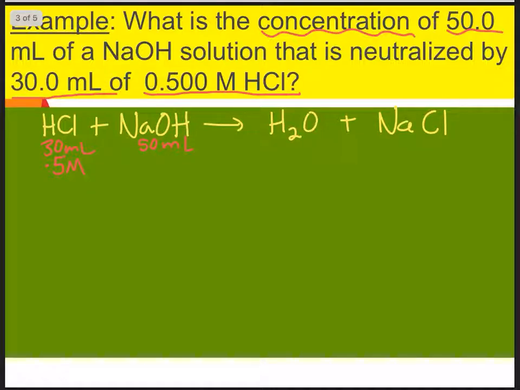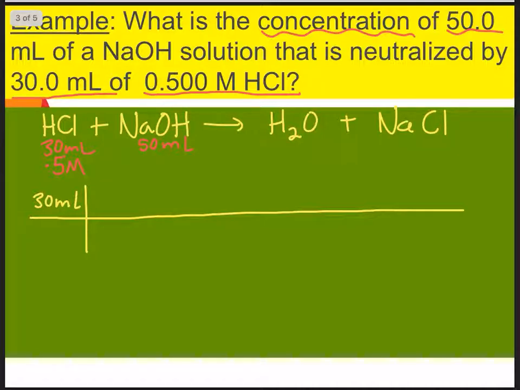So I'm going to set up my nice straight line for my dimensional analysis, and I'm going to start out with the 30 milliliters of hydrochloric acid, and that's where we're usually going to start out here, with the volume of our standard solution. So start out with the volume, and we want to use stoichiometry to go from one chemical species into the other.